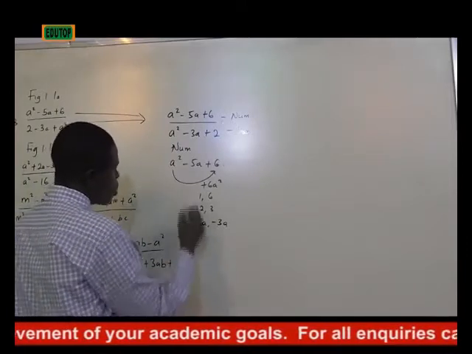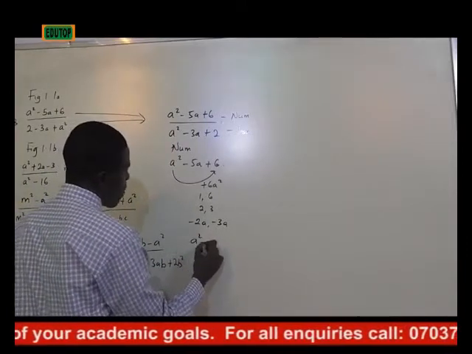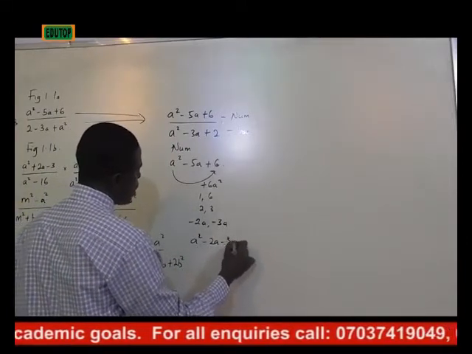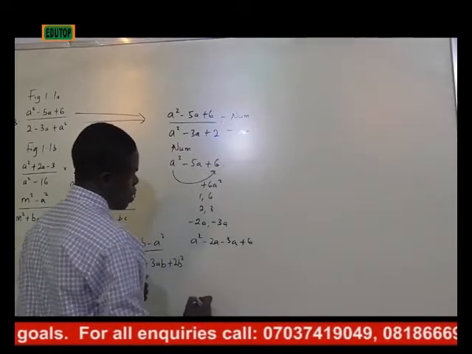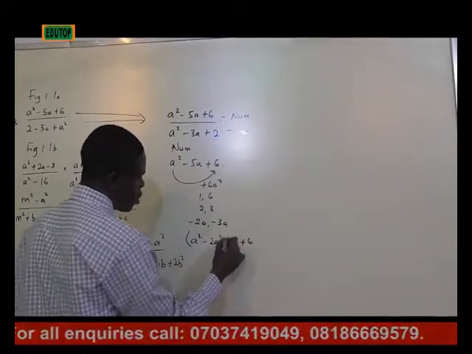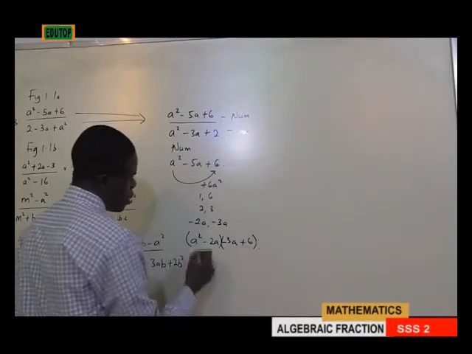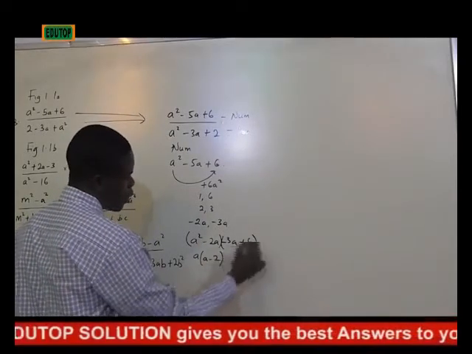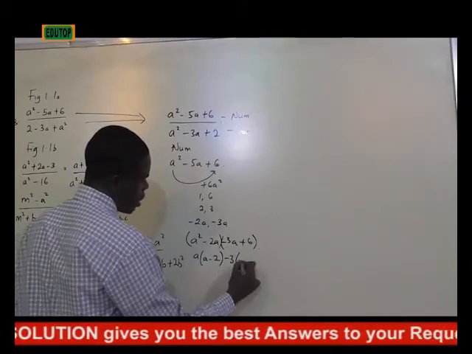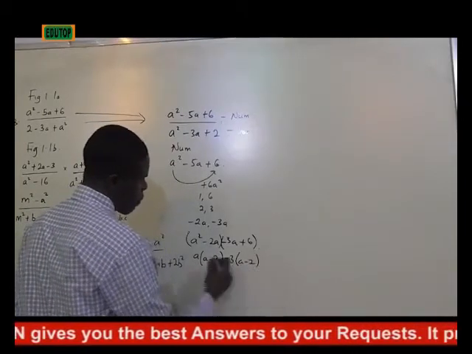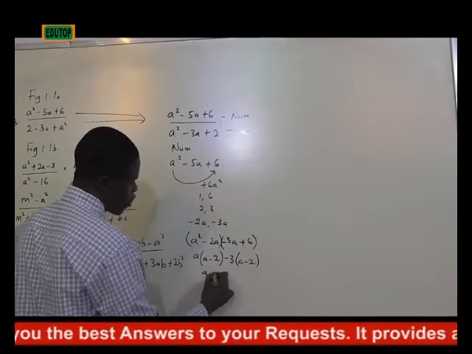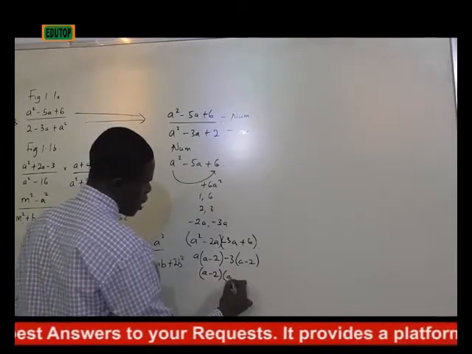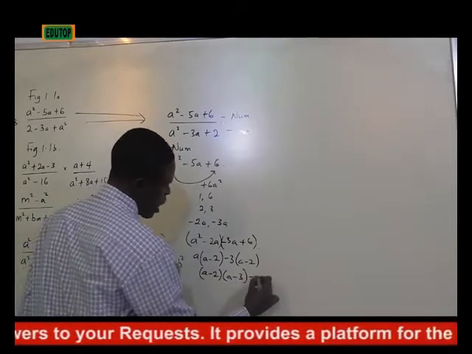If I want to resolve that, I'll have a squared minus 2a minus 3a plus 6. So I can dissect this into this. Then what is common here? A is common. A minus 2. What is common here? Minus 3 is common. A minus 2. So I factorize this. So I have a minus 2 into a minus 3. So this is my num.